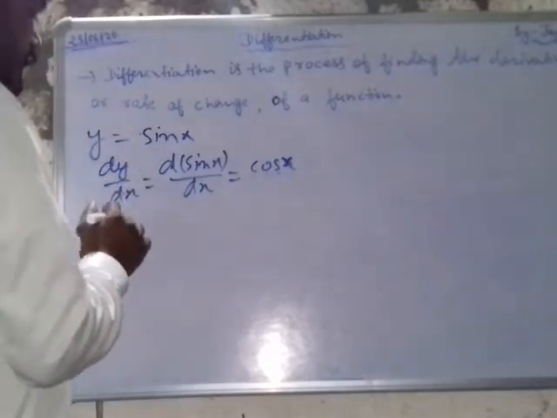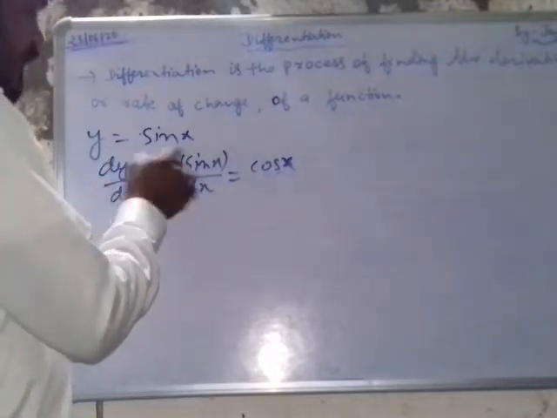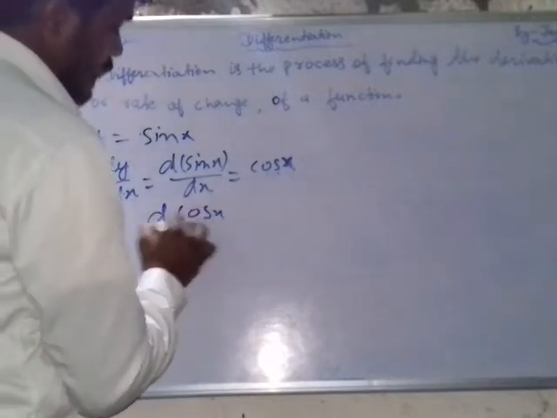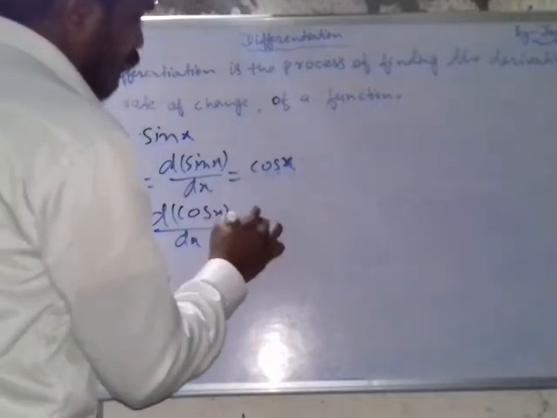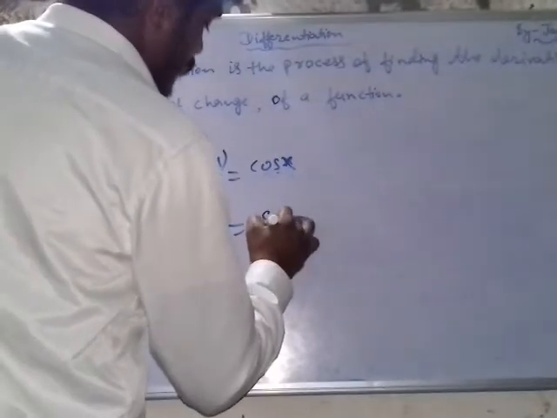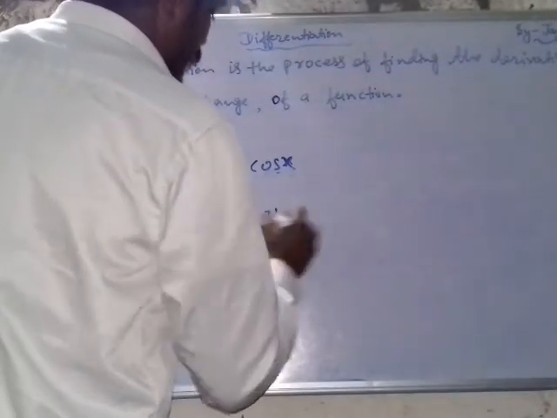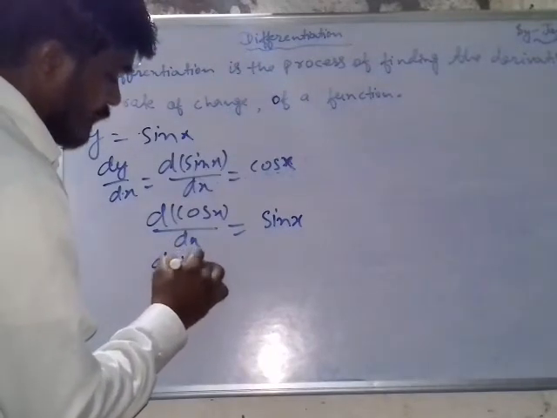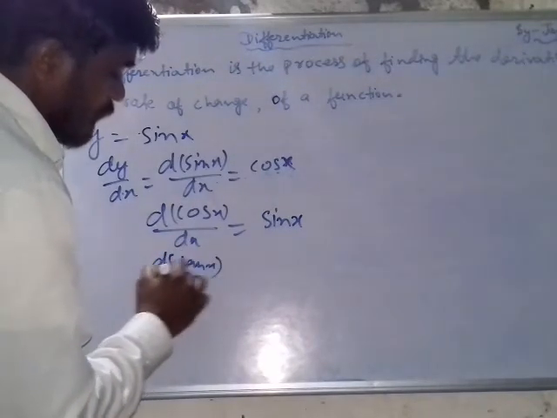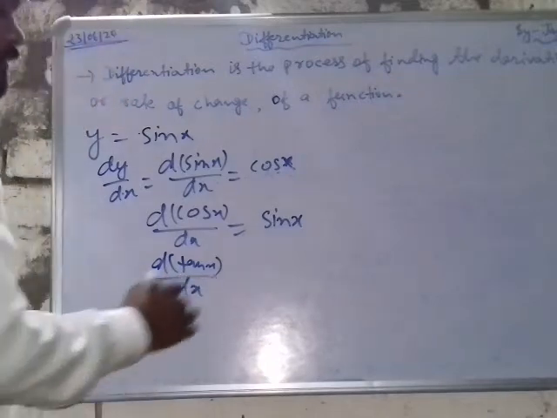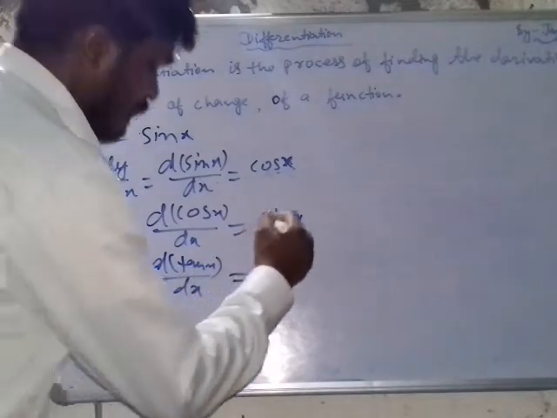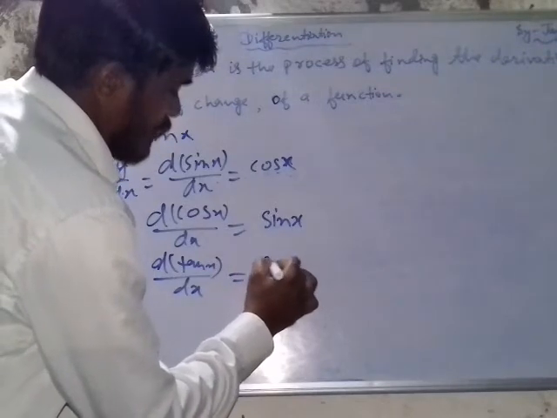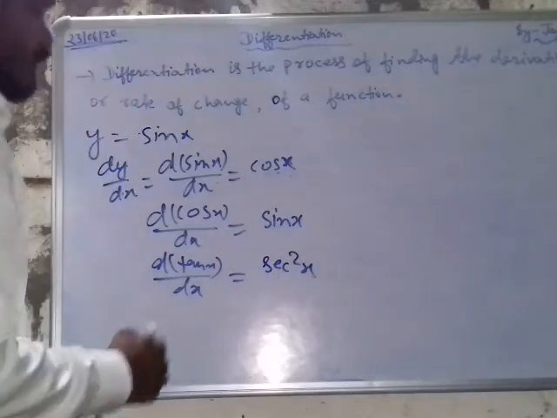Next, if y is equal to cos x, then d(cos x)/dx equals minus sin x. The differentiation of tan x equals sec square x.